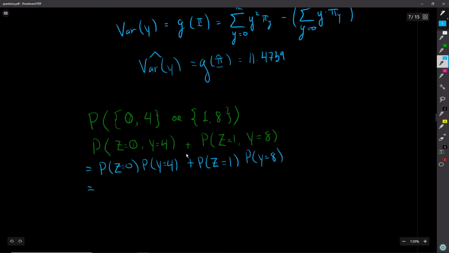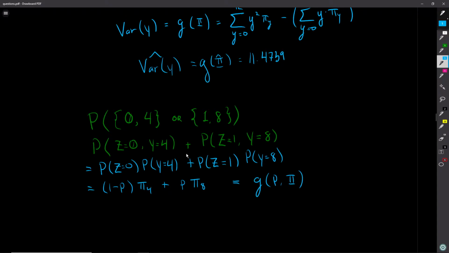So z equals 0, that's 1 minus p. Y equals 4, that's pi 4. Plus z equals 1, that's p. Y equals 8, that is pi 8. And so this is now a function of these two parameters, p and pi.